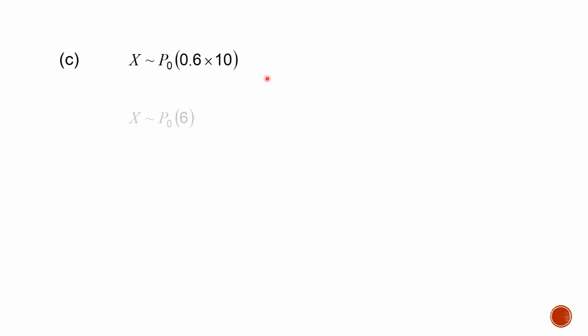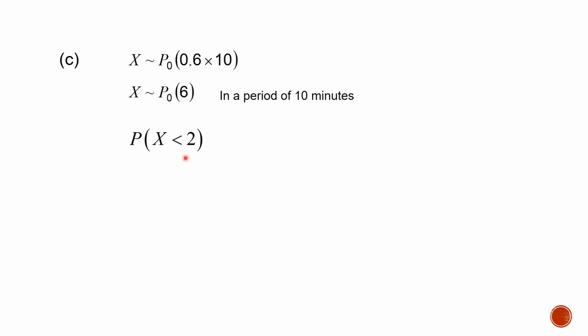So you have X has a Poisson distribution with lambda 6 in a period of 10 minutes. So it's important that you state the interval. So the probability of X less than 2 is P(X=0) plus P(X=1).